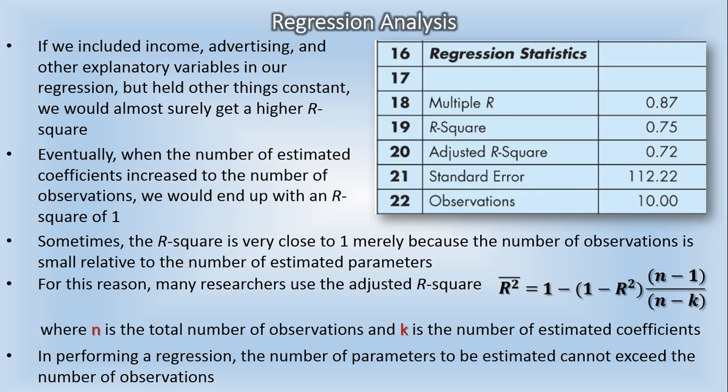So in order for the regression to even work, you have to have at least as many data points as coefficients being estimated. If you have more coefficients than data points, then the regression will be worthless.